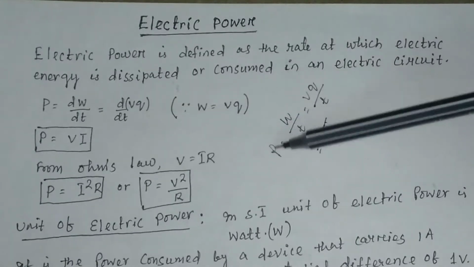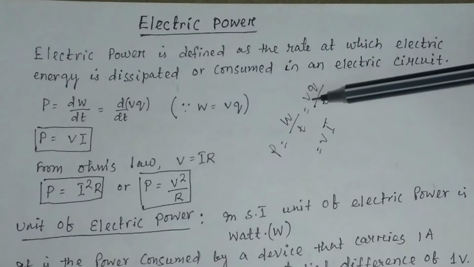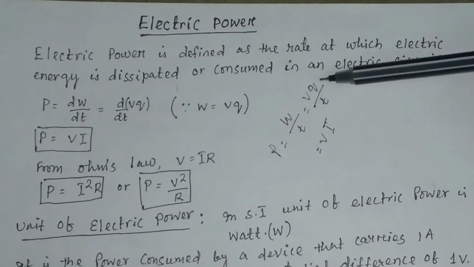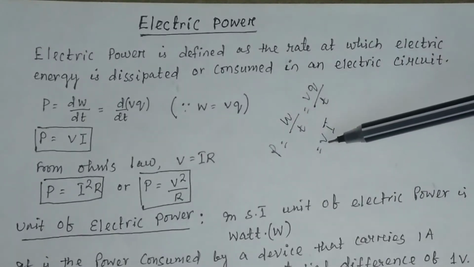Now you do power like this: power is equal to W by T, W is equal to VQ, so that is equal to V into I, Q by T equal to I. Then you apply Ohm's law, V equal to IR.